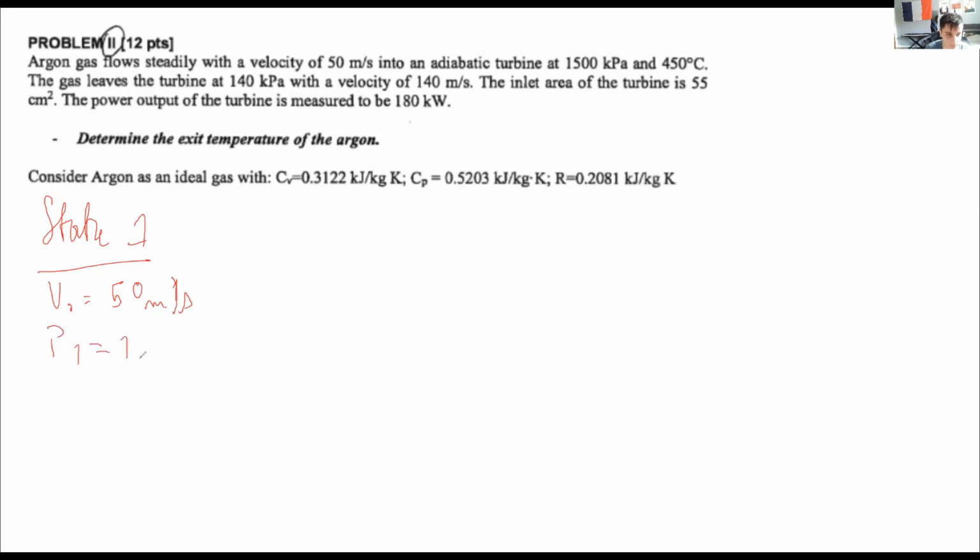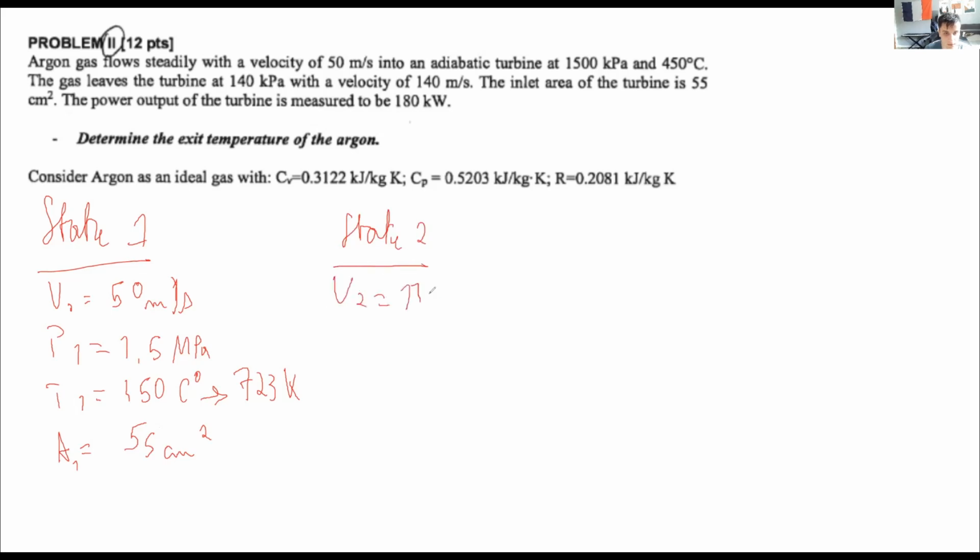P1 is equal to, let's just say, 1.5 megapascal. T1, 450 Celsius. If we were to convert that to Kelvin, that would give you 723 Kelvin. At the inlet, we are also given the area of 55 centimeters cubed. And then I'll write that after. State 2, V2, 140 meters per second. P2, much lower pressure, 140 kilopascal.